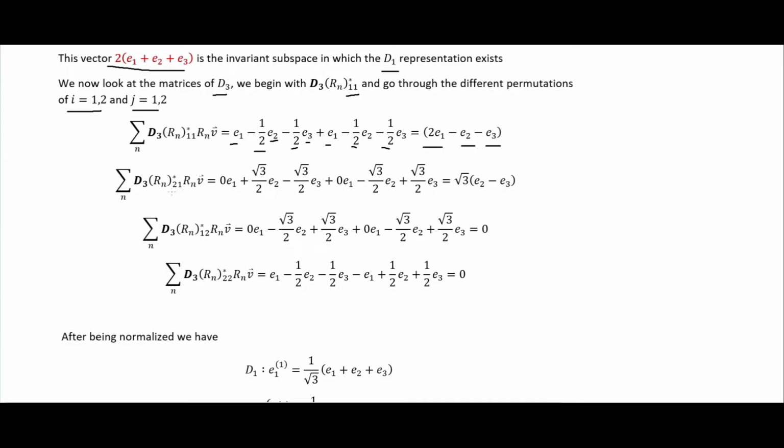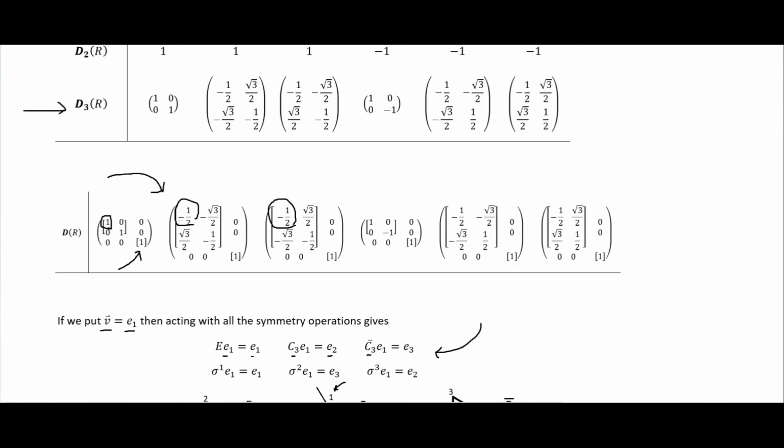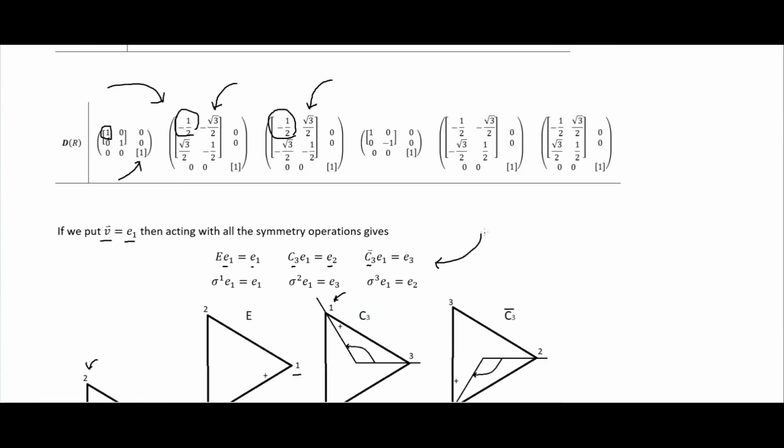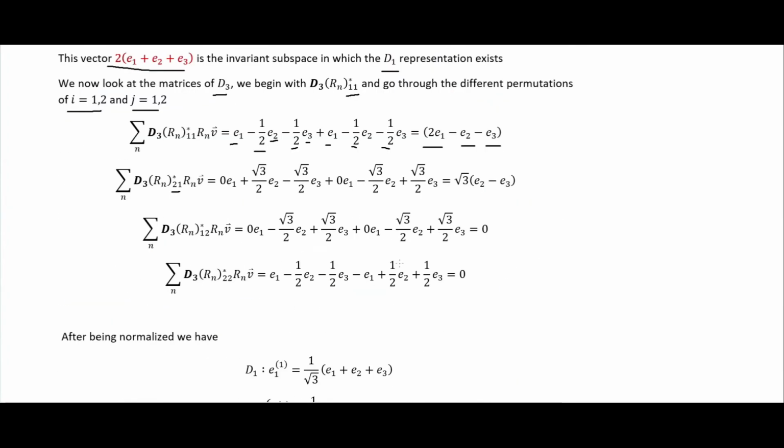Then we do the same thing for the 2, 1 position in our matrix, which is this one right here and this one right here. And so we just add up all those along with our transformed bases right here. And we just iterate that through all of the positions in our matrices there.